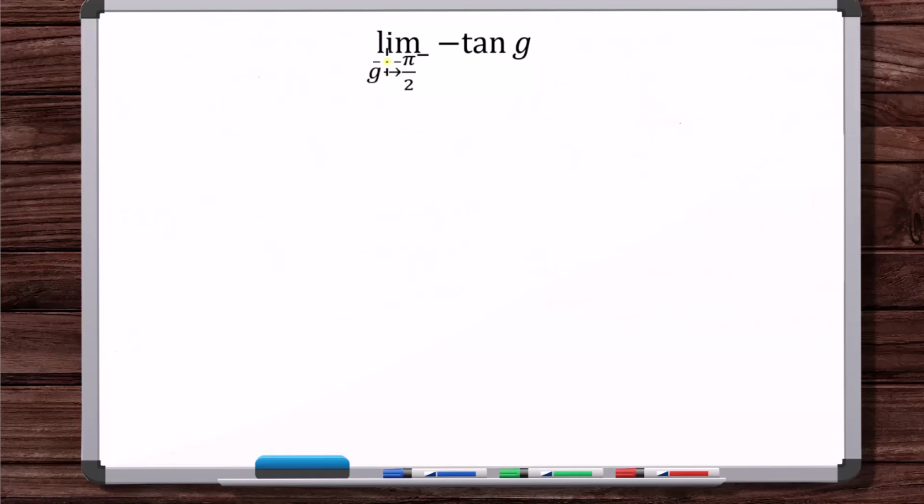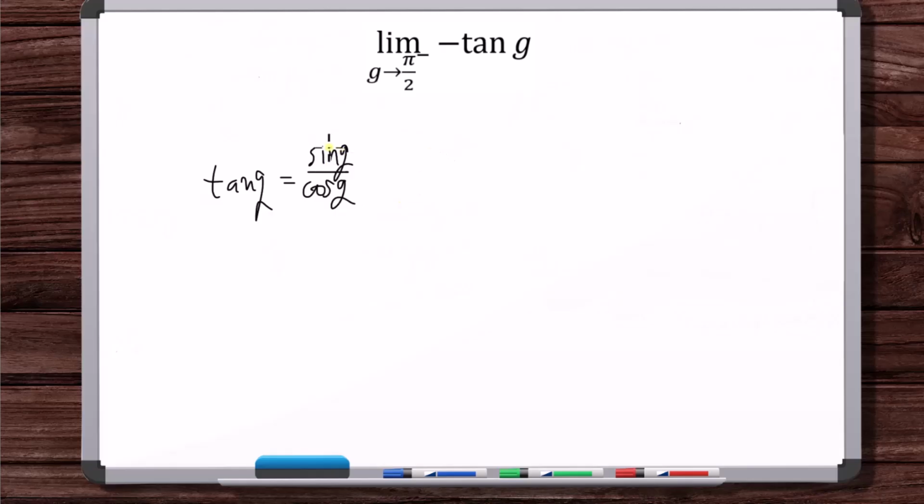Pi over 2 is not within the domain of this minus tangent, but we know that any point that's not within the domain of tangent is a vertical asymptote. Because tangent is sine over cosine, and we know that sine and cosine have domain all real numbers. They're defined everywhere. And so the only reason tangent doesn't exist at some points is that cosine is 0.